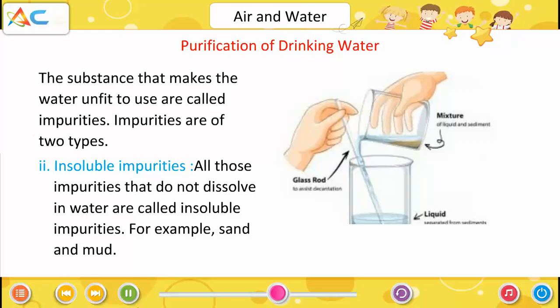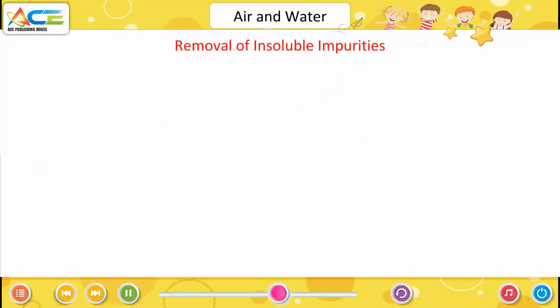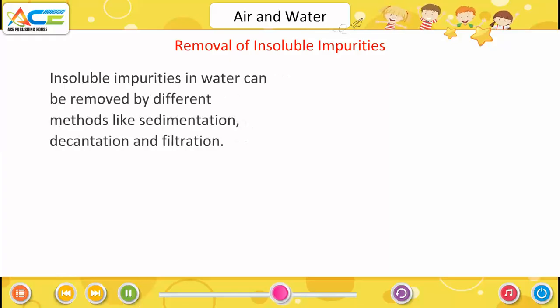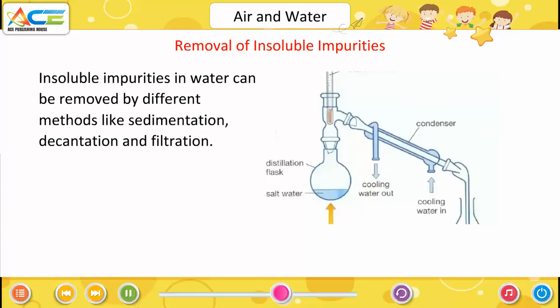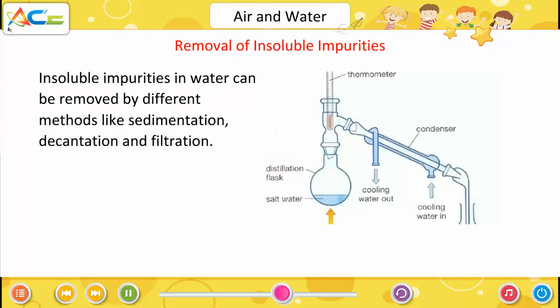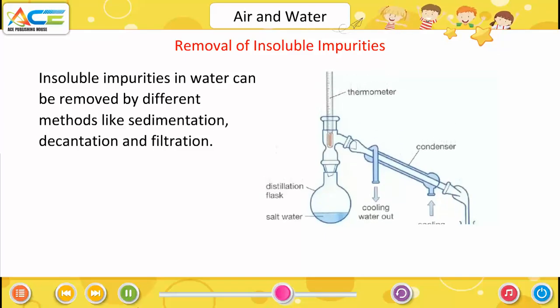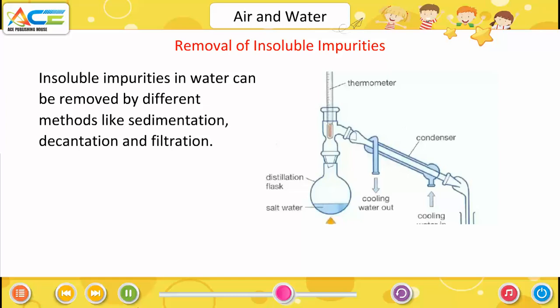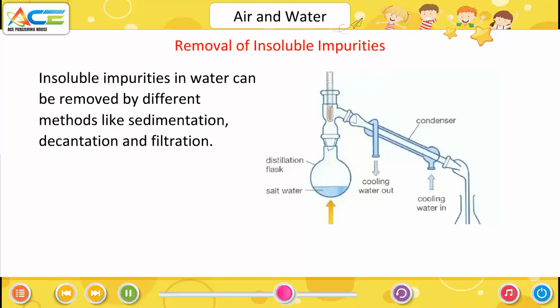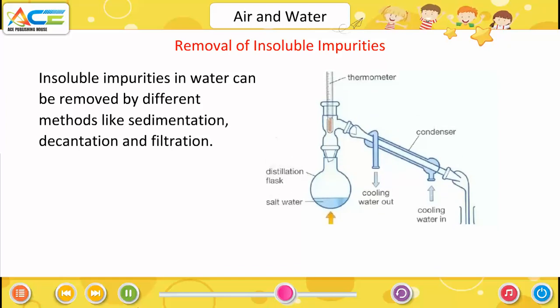For example, sand and mud. Removal of insoluble impurities. Insoluble impurities in water can be removed by different methods like sedimentation, decantation and filtration.